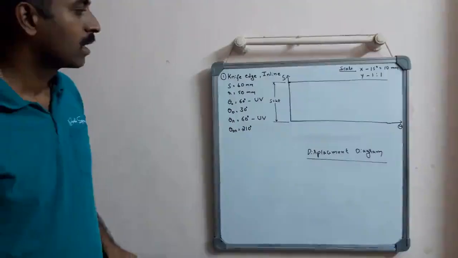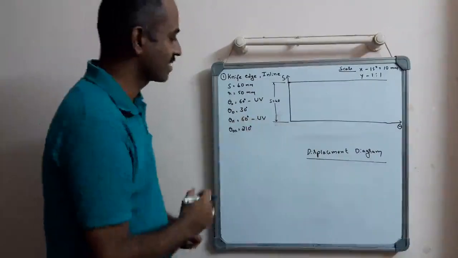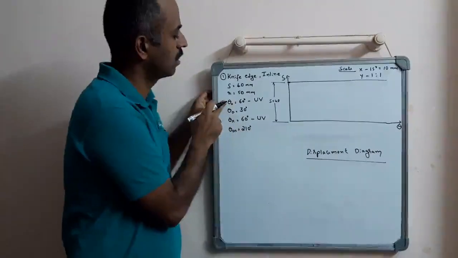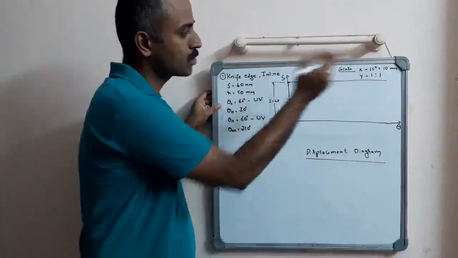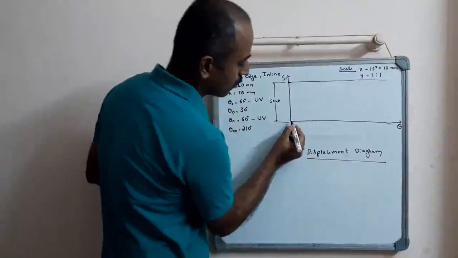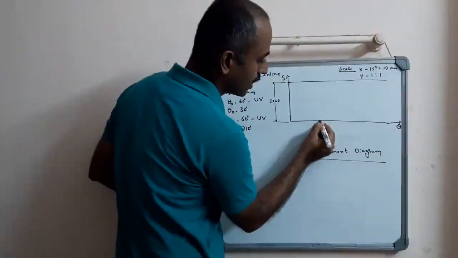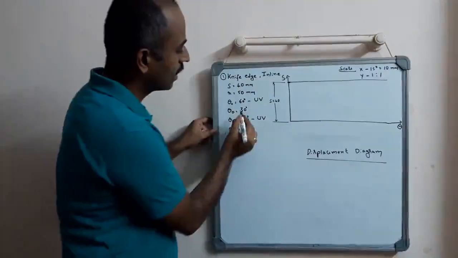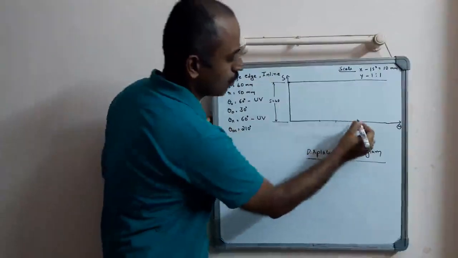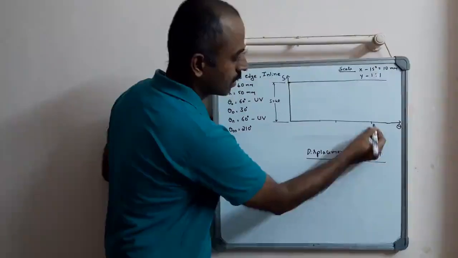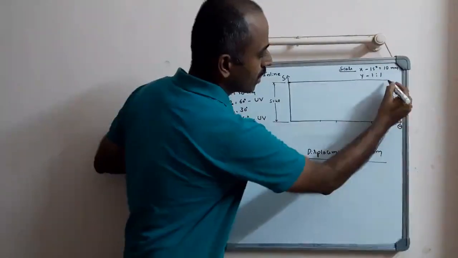Then coming to the horizontal axis. So first is outstroke or rise of the follower, which is 60 degrees, which comes to be 4 centimeter. So from the origin measure 4 centimeter and then 2 centimeters, next 4 centimeter again, and for the remaining period we will not worry.